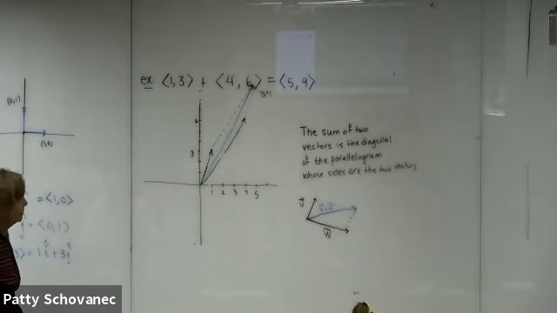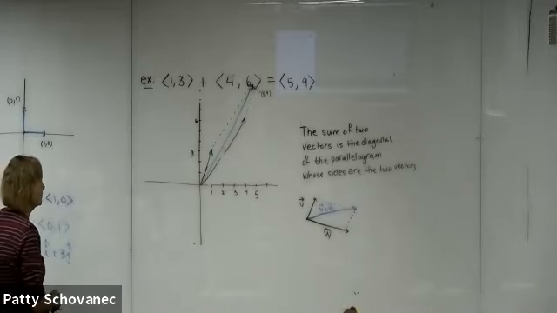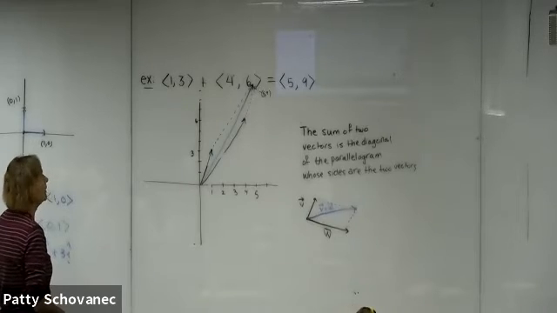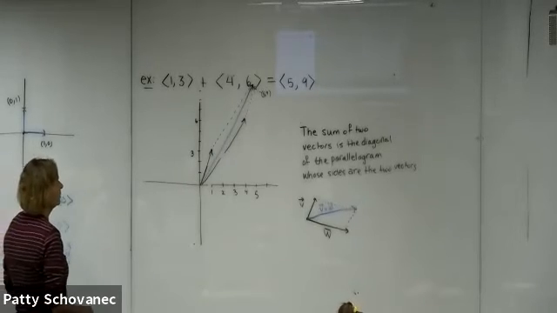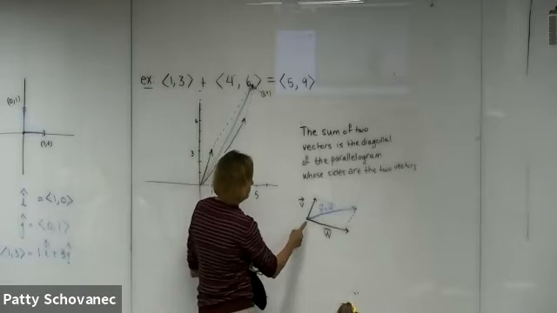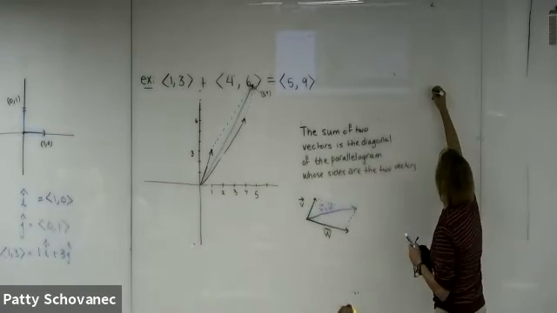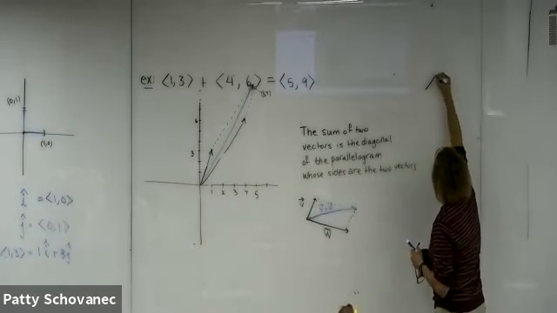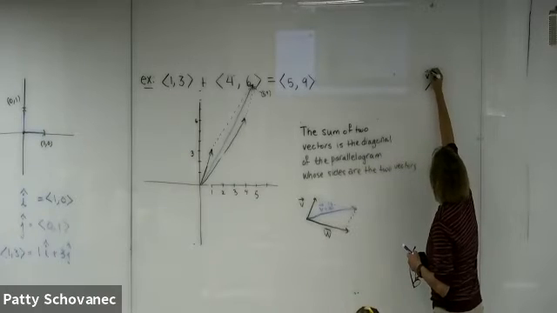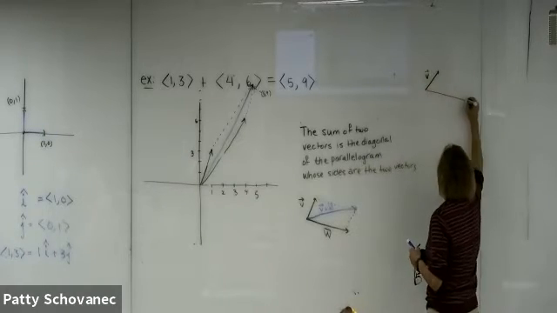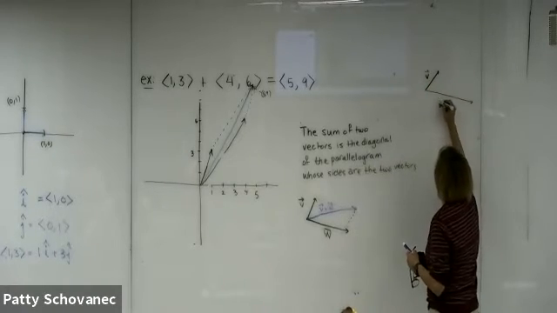Now, subtraction would be kind of the same, because if I want to find vector V minus W, well, let me draw them over here. It's just like adding the vector opposite of W. Here is vector V, and vector W there.